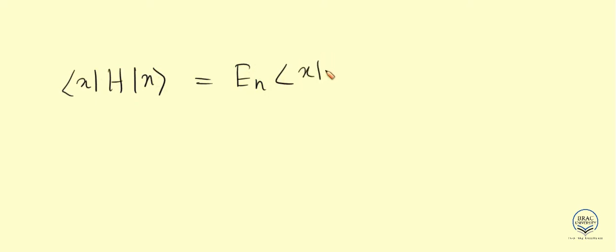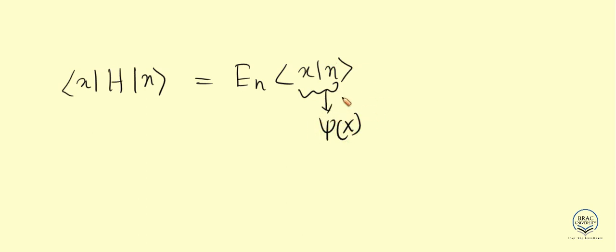So how can we do that? We can do this via <x|H|n>, like this, and here you will have this E_n. This is a number, so you can take it out of the bracket, and this will be <x|n>. This thing over here, the projection of the energy eigenstate into the coordinate space, is something that will be written as psi of x, also called a wave function.